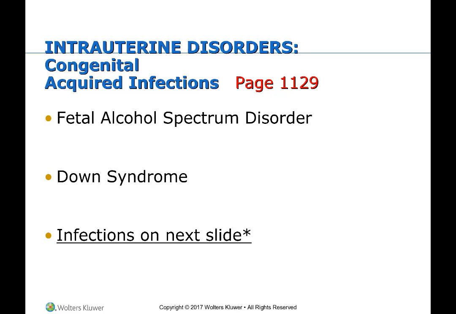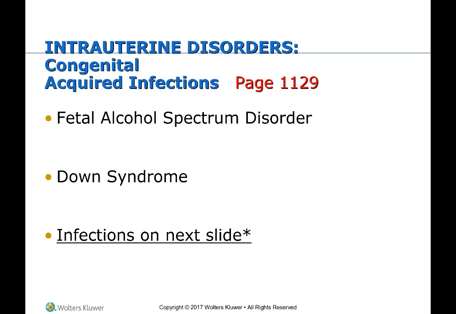Remember, a congenital disorder for a newborn, or we could also say a fetus sometimes, is anything that is abnormal with the fetus or newborn that exists at birth regardless of the cause of it. So it could be something that has gone wrong back during the embryo stage, could be an infection, could be something going on with the heart, could be trauma during the birth process. So if it exists at birth, then it can be called a congenital disorder.